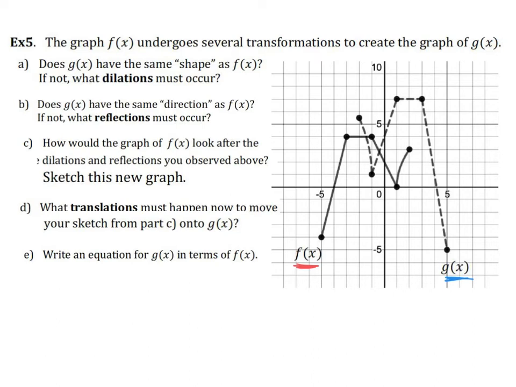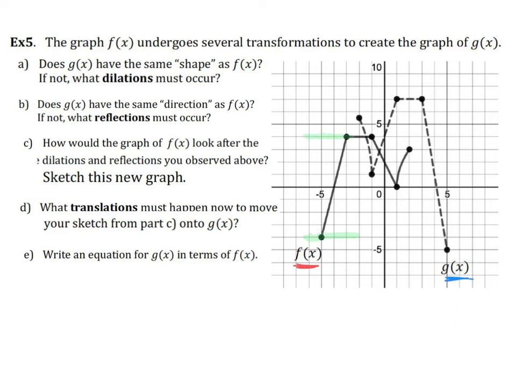Does it look like it's the same shape, or has it been stretched or shrunk or expanded or compressed to distort it a little bit? If you're not sure, then you need to have some kind of strategy to help yourself figure it out. What I would do is count, this is my original function, this f of x, and I have this point at the very bottom and the very top point.